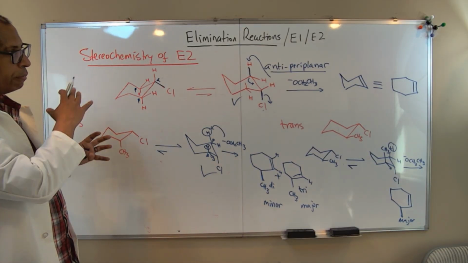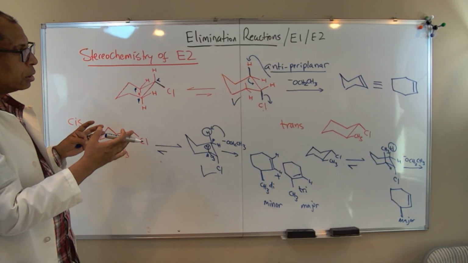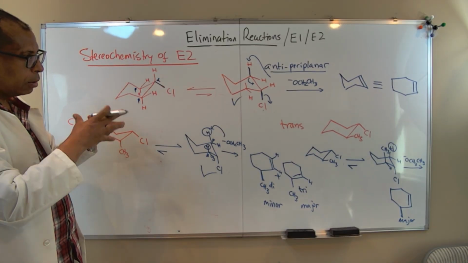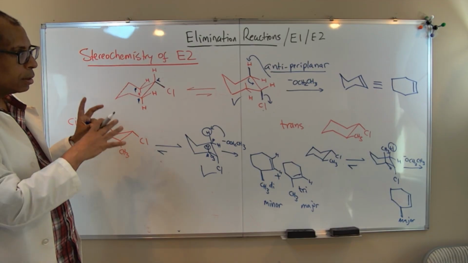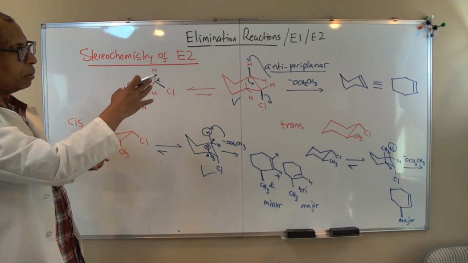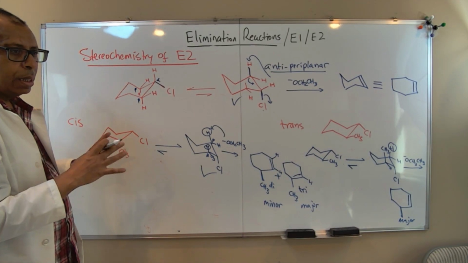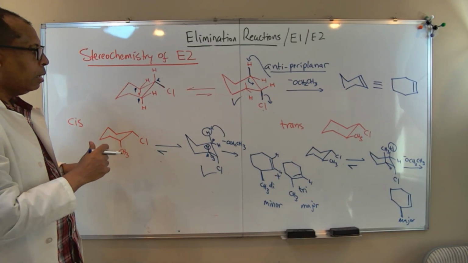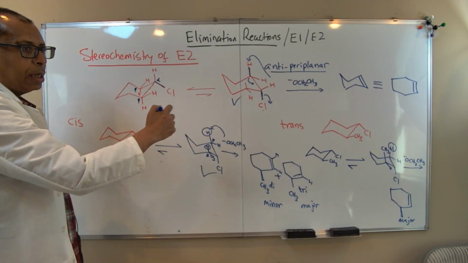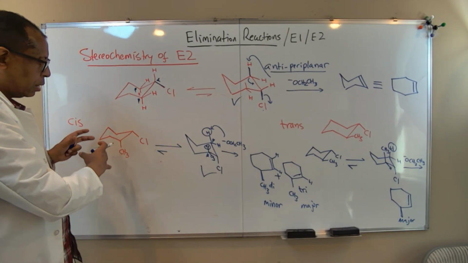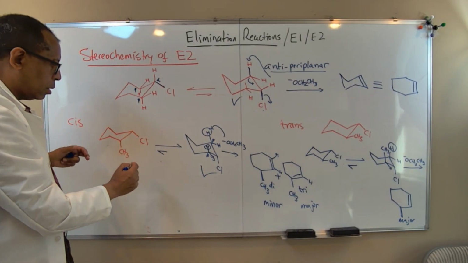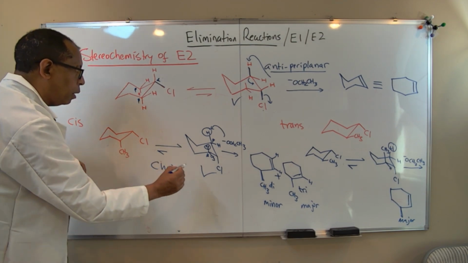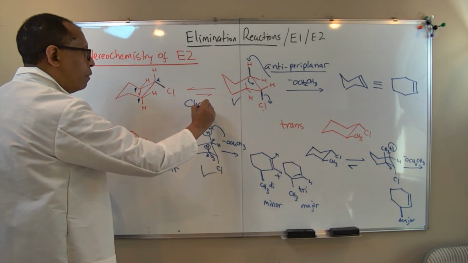So previously I considered the antiperiplanar arrangement with open chain alkanes that can rotate. Now this is an example of antiperiplanar arrangement in a cyclohexane system, which are rings that cannot rotate, but just do ring conformation, meaning chair conformation. This is a chair flip.